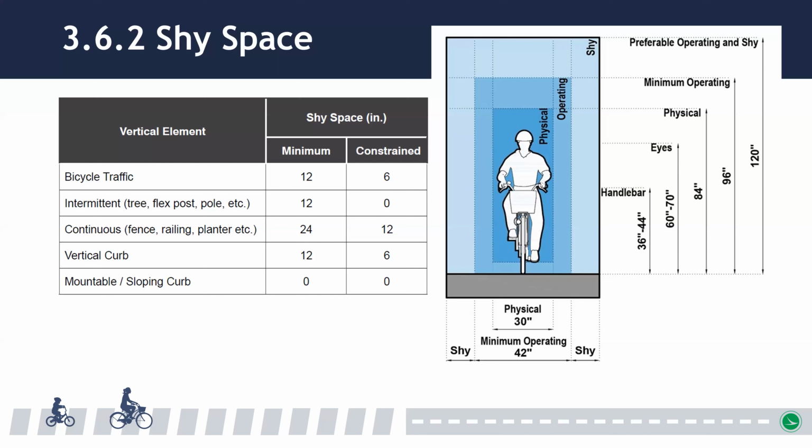As an example, this consideration of bikeway width and shy distance is particularly important for bikeways on bridges, where shy space along a bridge parapet or concrete barrier can limit the operating width of that bikeway.